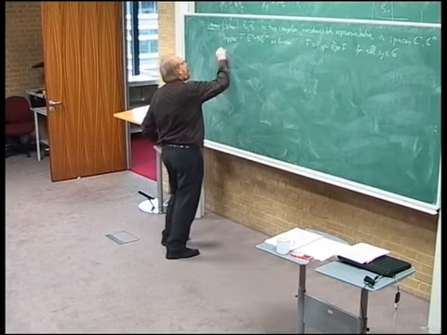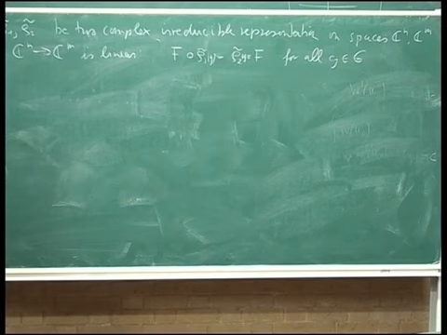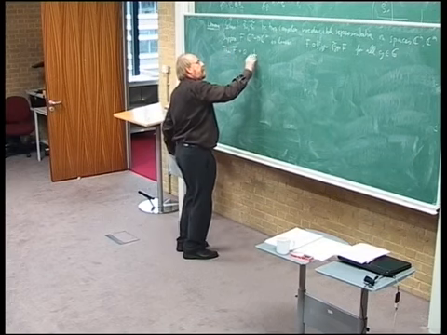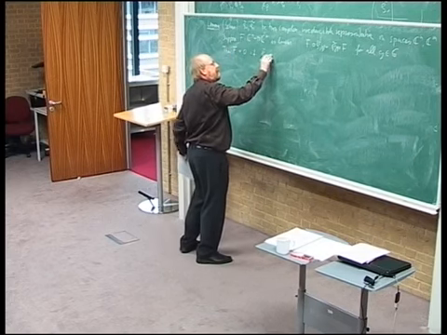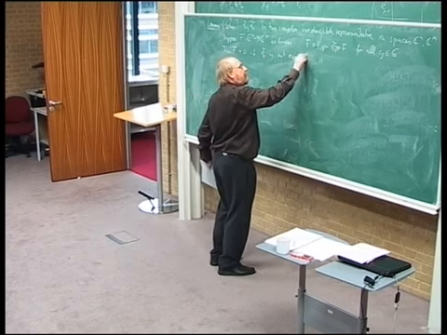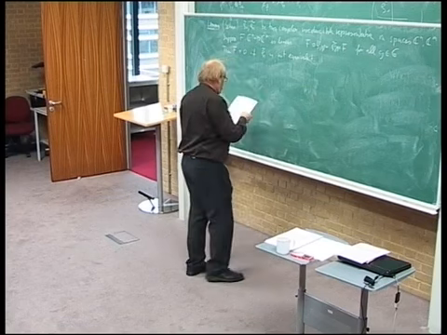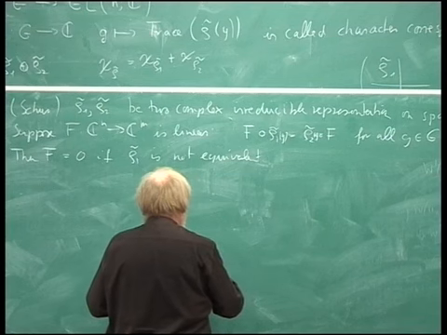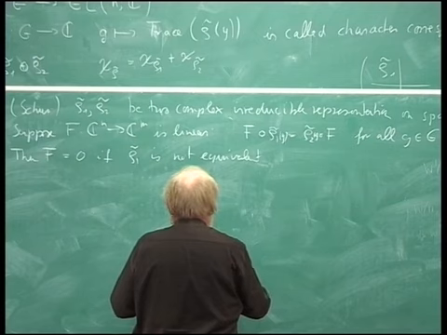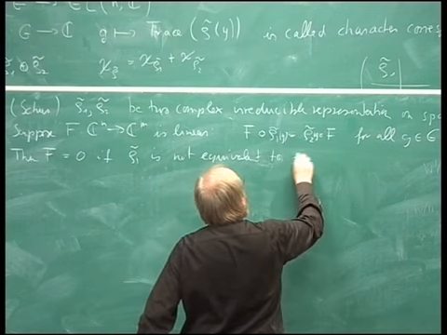And then f is 0 if rho 1 tilde is not equivalent to rho 2 tilde.